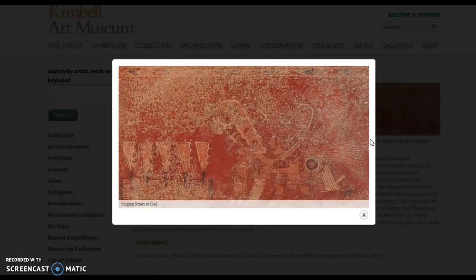The city of Teotihuacan is located about 30 miles from Mexico City and was the capital of Mesoamerica.